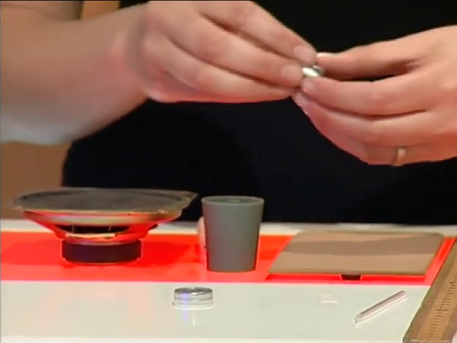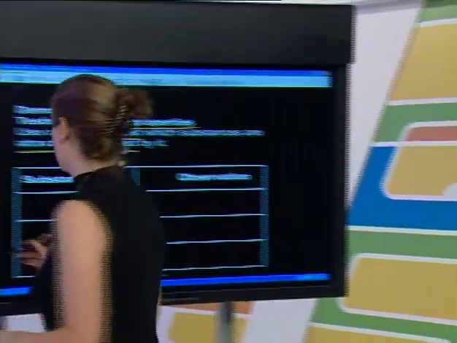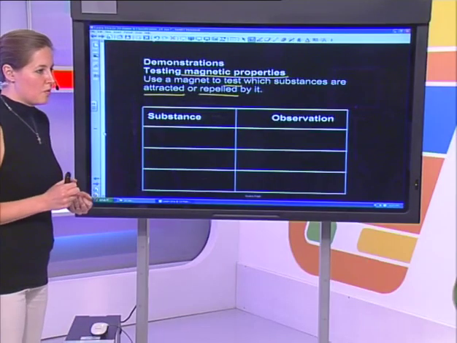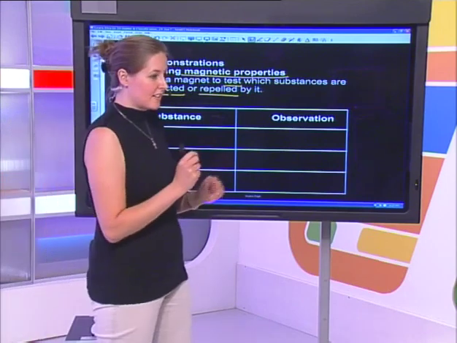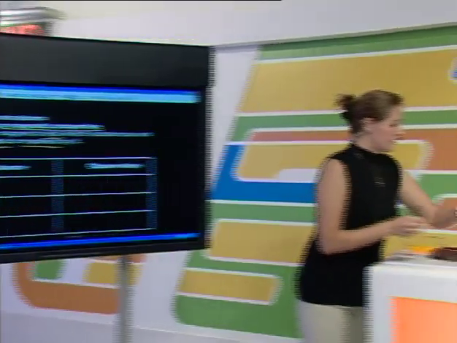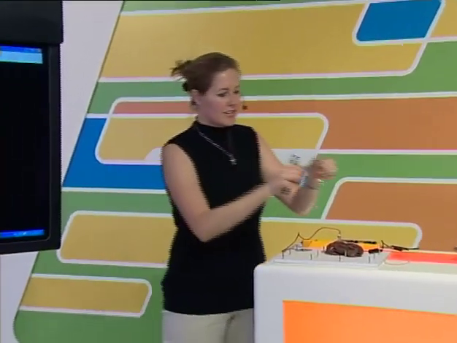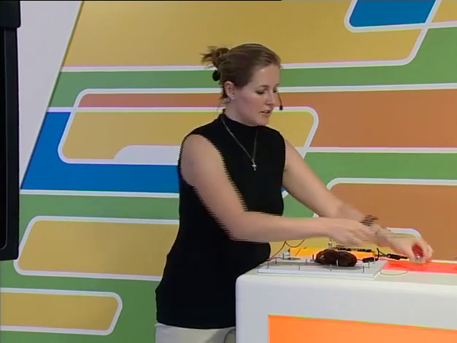Let's go and jot down some of our observations. So, back to the board. I didn't test the iron nail, and I want to do that quickly. So let's grab the compass. Very strongly attracted, and it will take a lot of energy to pull that apart.